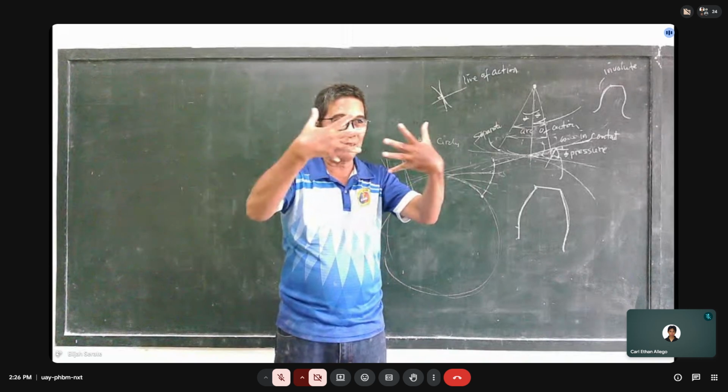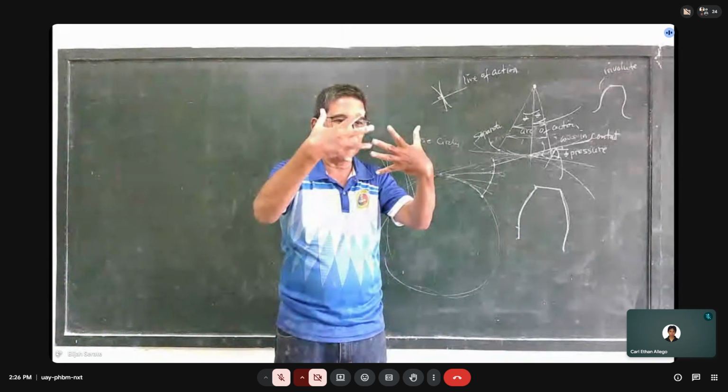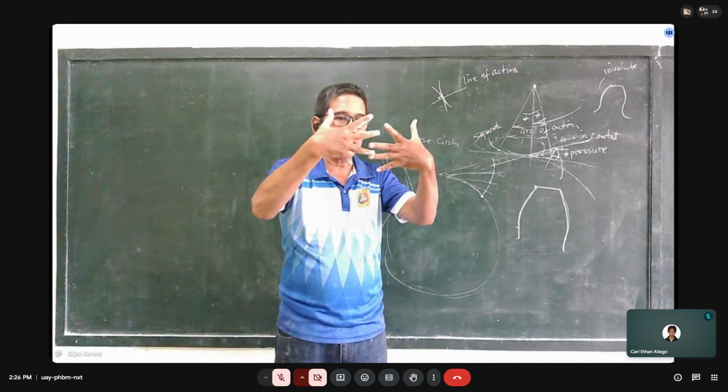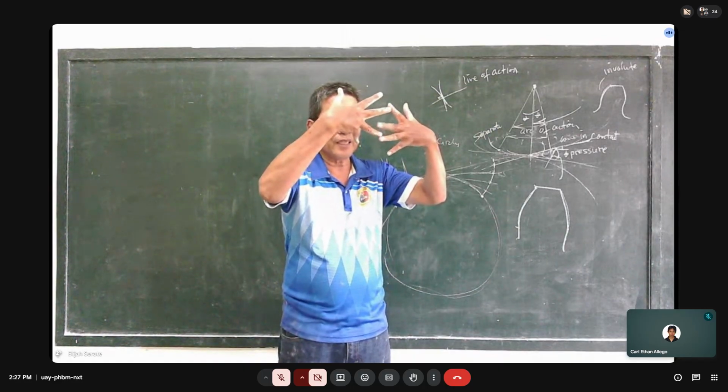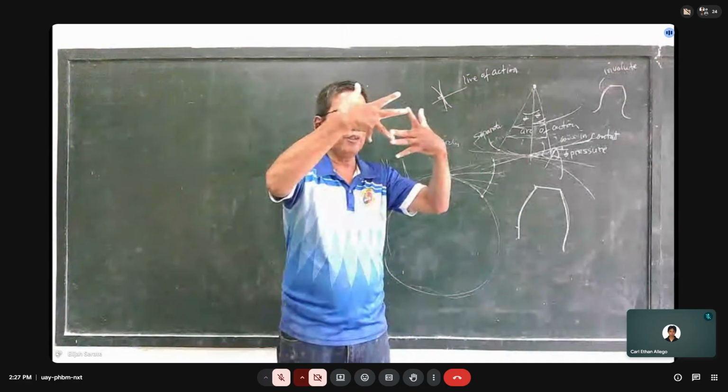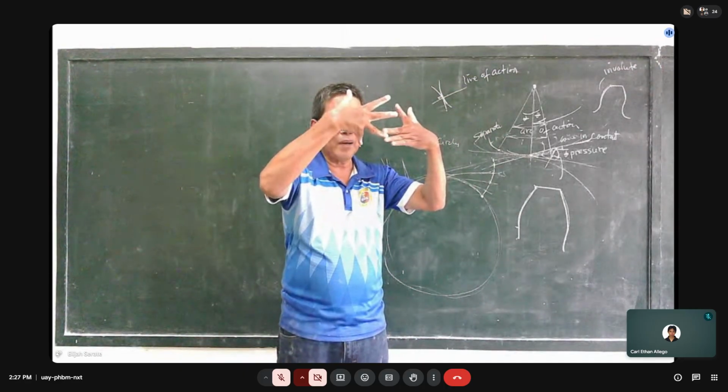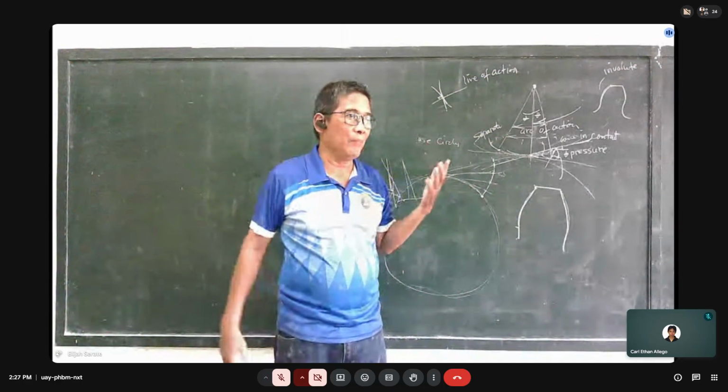So you have to make it closer. So there is a certain portion from the mirror. So that is the meaning of the interference.